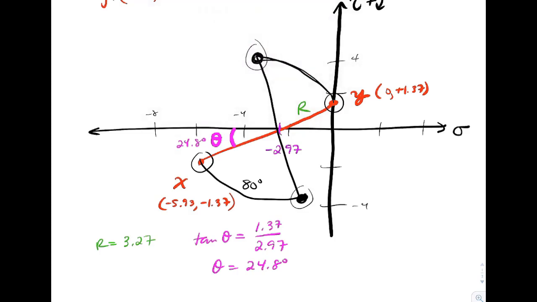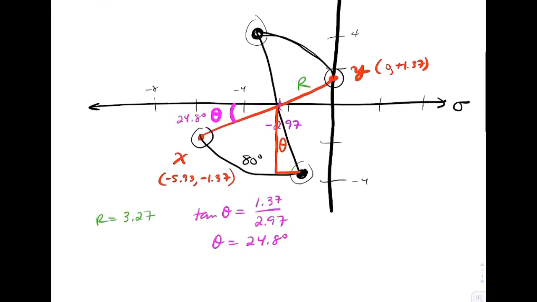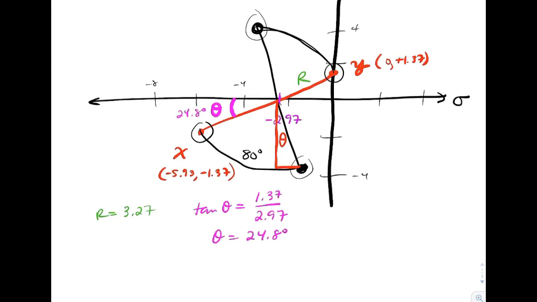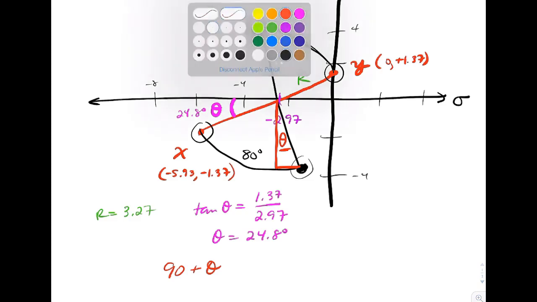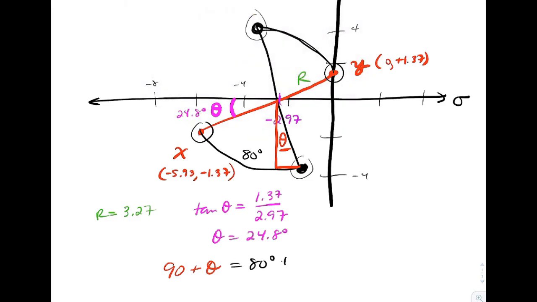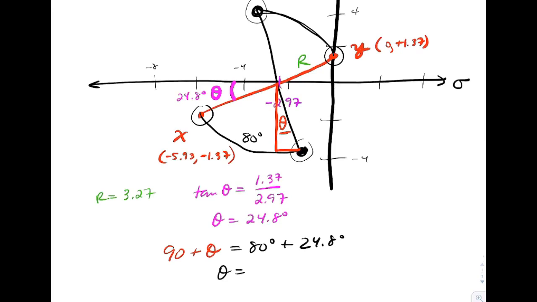So one way to do that would be to highlight this triangle right there. And so we would have another angle theta. Our theta games would tell us that 90 plus the red theta right there would have to equal the 80-degree rotation plus the pink theta, the 24.8 degrees. So if we go ahead and solve for that, we would see that theta is 14.8 degrees.